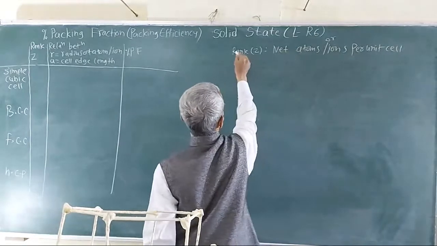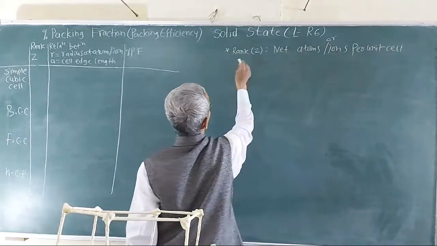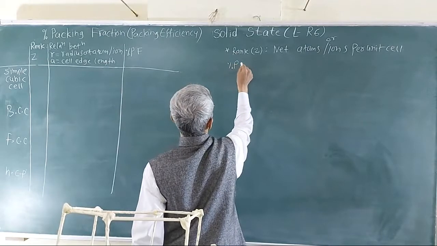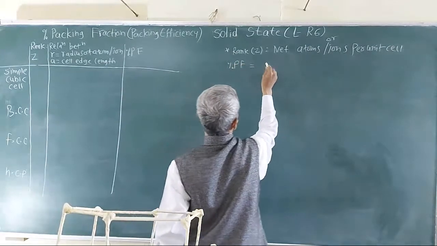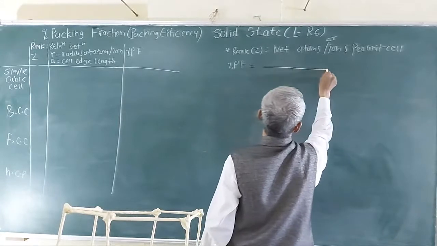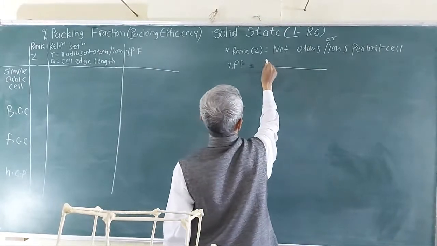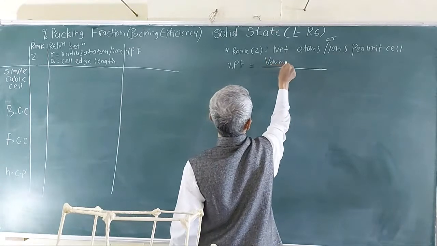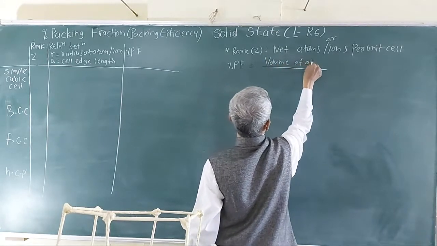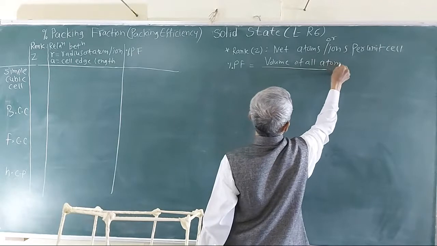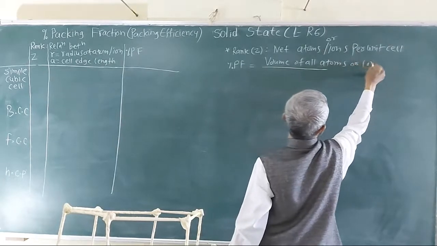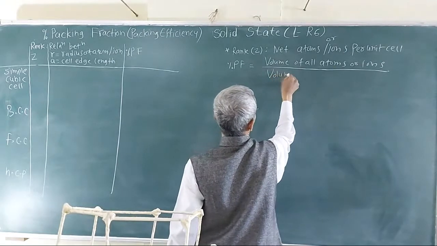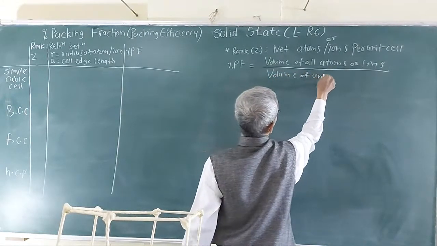Okay, now we are going to study first. Then also the percentage packing fraction can be determined as the fraction that is occupied by the atoms, so here the volume of all atoms or ions, whatever are there in a unit cell, and the volume of the unit cell.